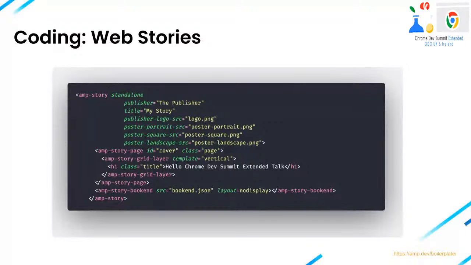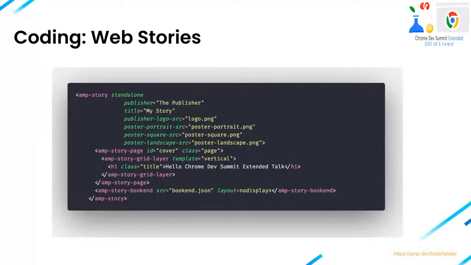After that, we're going to have our pages. Inside the tags, page by page, we're going to create our content. We can also use some elements to help us create our layout. In that situation, we have the amp-story-grid-layer, which helps us create a grid structure.